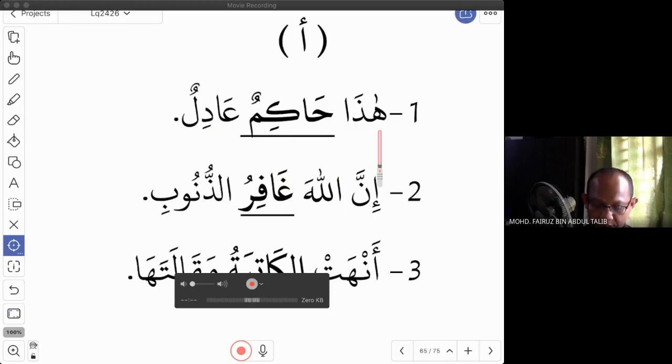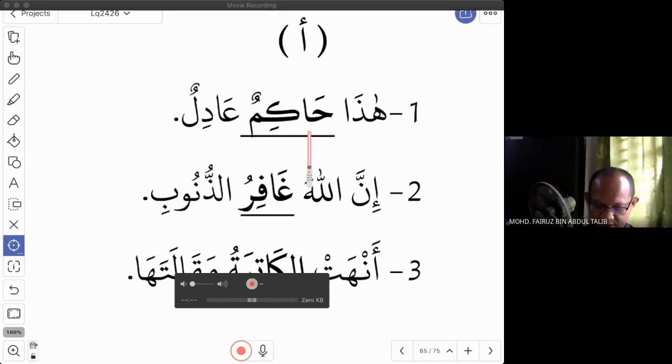So we want to look at this word hakim. This word hakim is derived from a fi'il. Can you guess what the fi'il is? This is a three-letter fi'il.